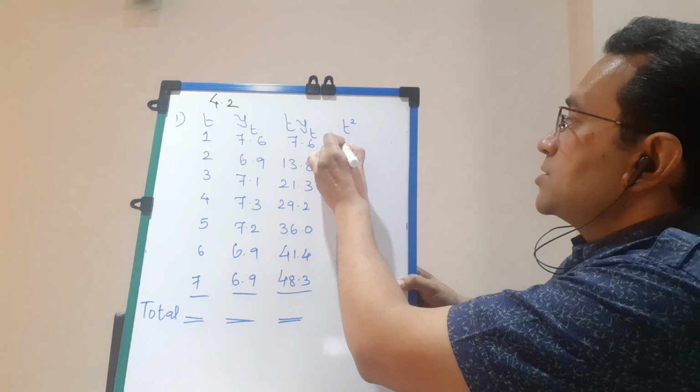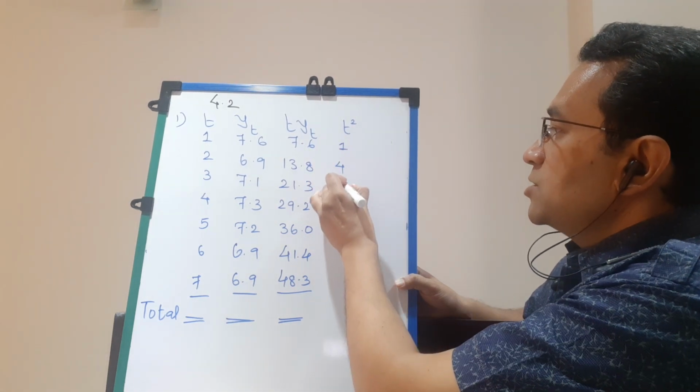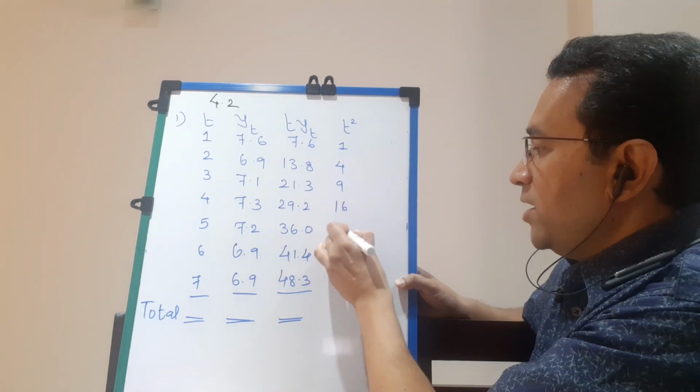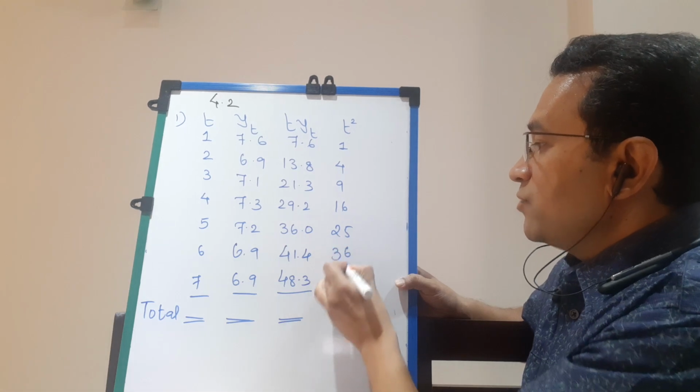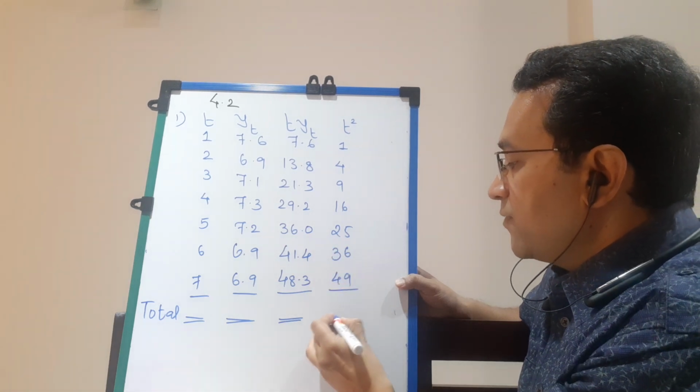T square: 1 square is 1, 2 square is 4, 3 square is 9, 4 square 16, 5 square 25, 6 square 36, and 7 square 49.